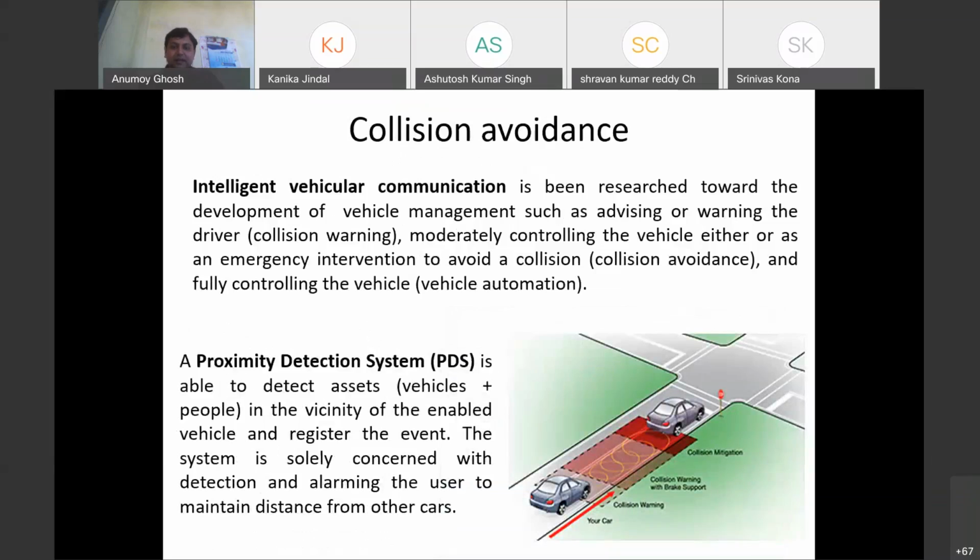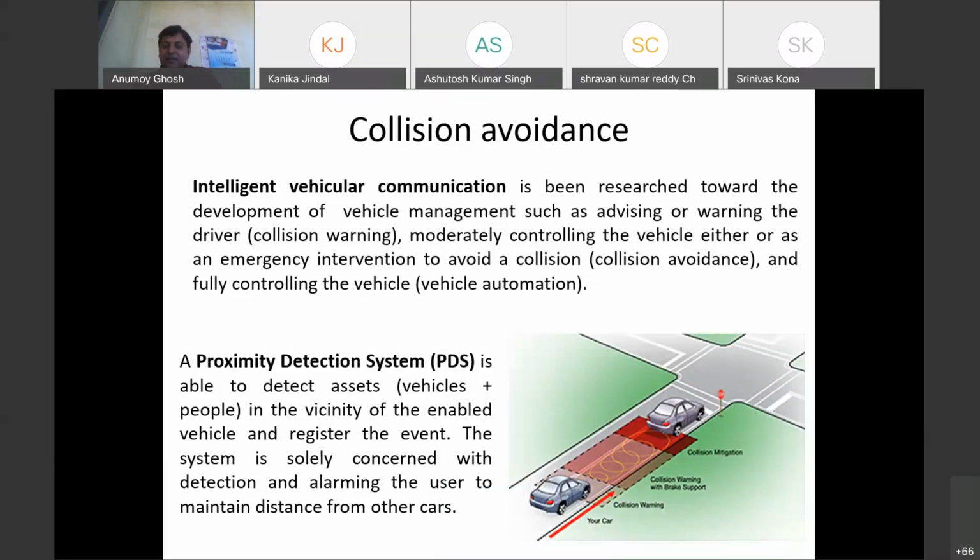Then collision avoidance, as I've told you, actually uses a proximity detection system. So what happens? Suppose a user-defined proximity is already set, say X meters. Whenever this back blue car comes within the X meter limit of the front car, what will happen?